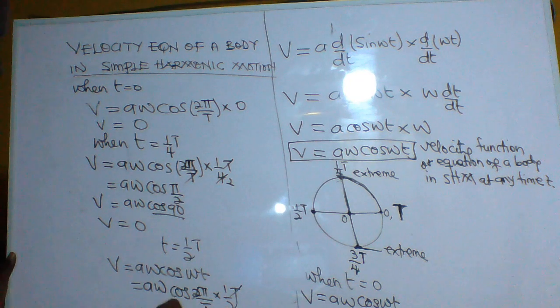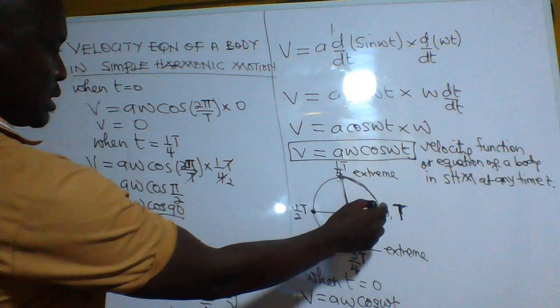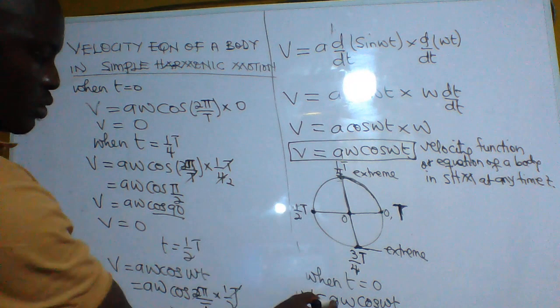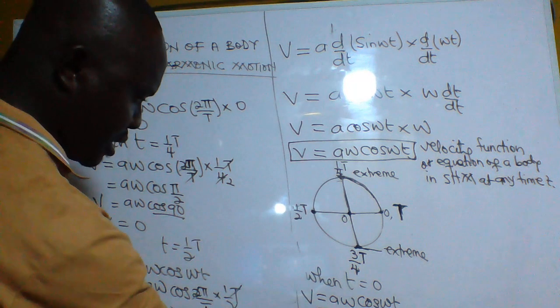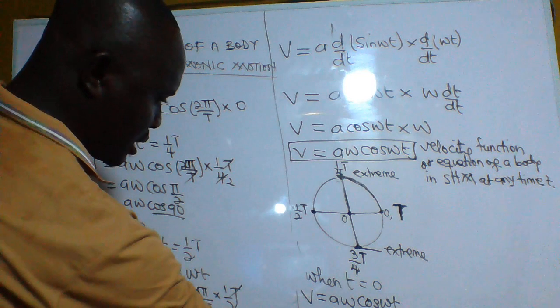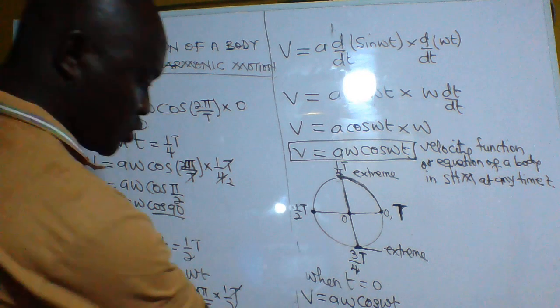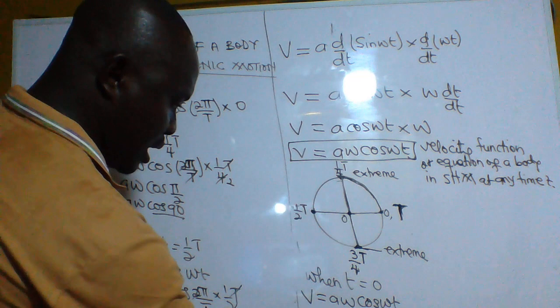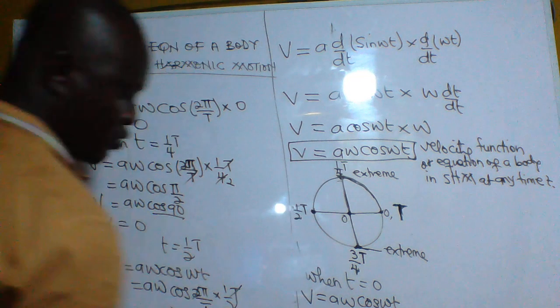Let's look at O again. When t is equal to 0, we have A omega cos of omega times 0. So this part of it would give us A omega cos 0.